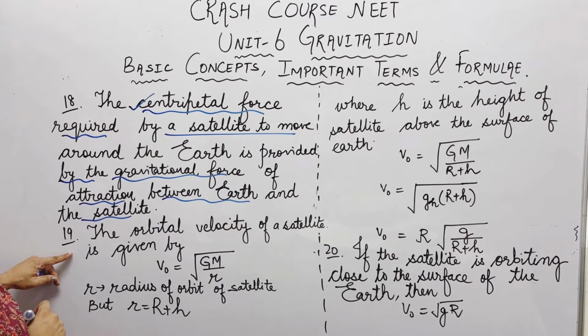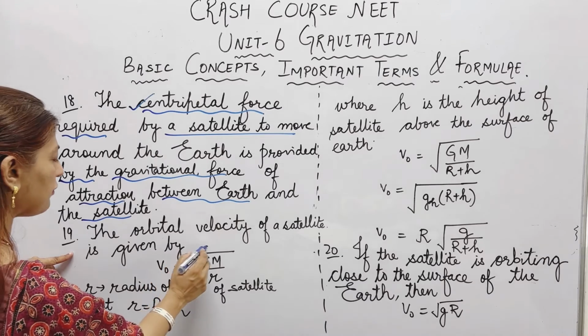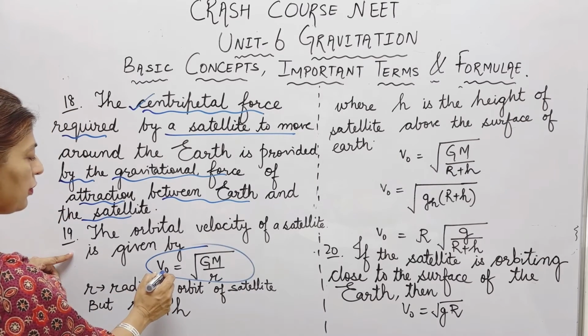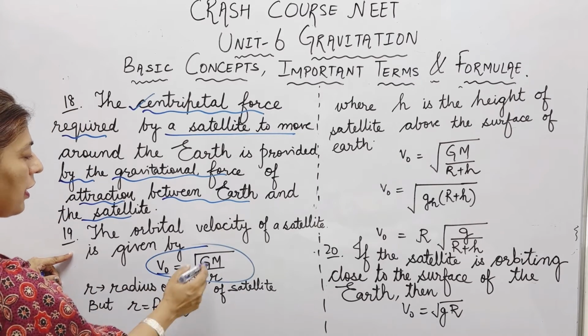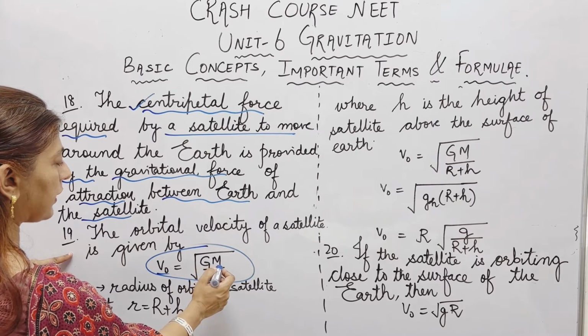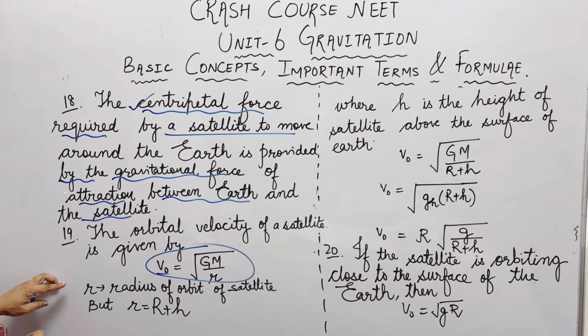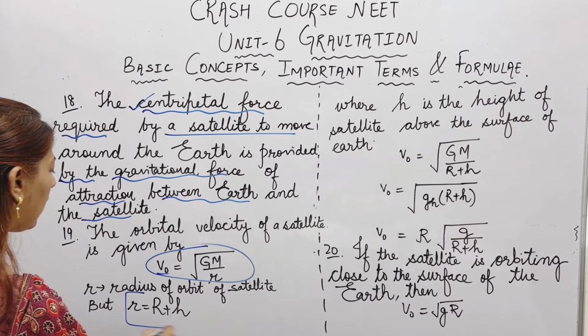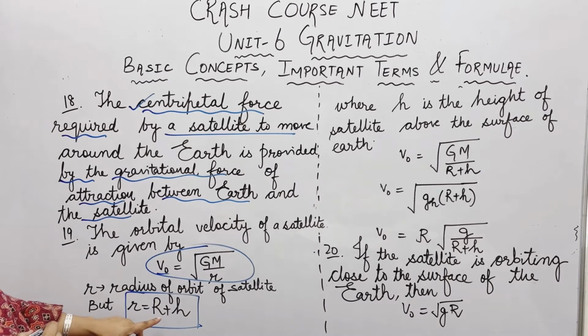The orbital velocity of the satellite is given by vo, which stands for the orbital velocity, equal to the square root of G M upon r, where G is the gravitation constant, M is the mass of Earth, and r is the radius of the orbit of the satellite. And r is given by the radius of Earth plus the height above which the satellite is revolving.